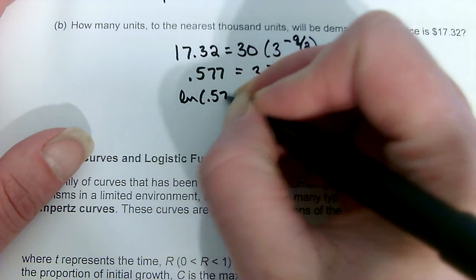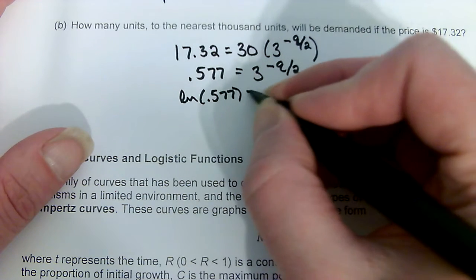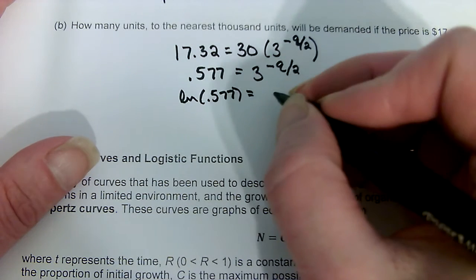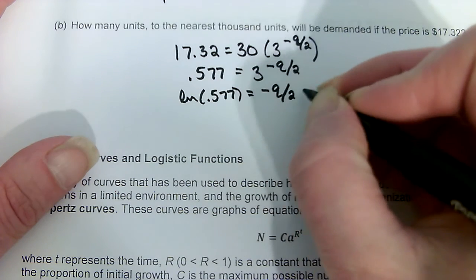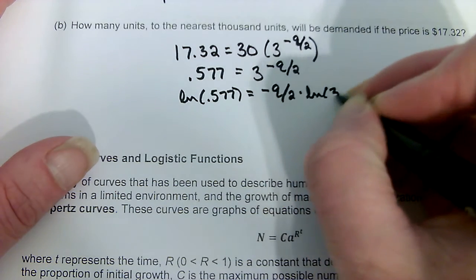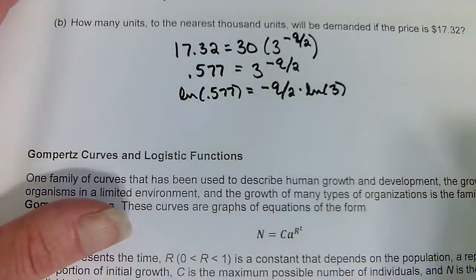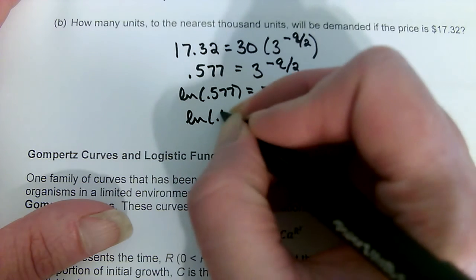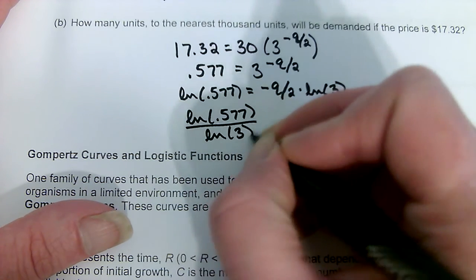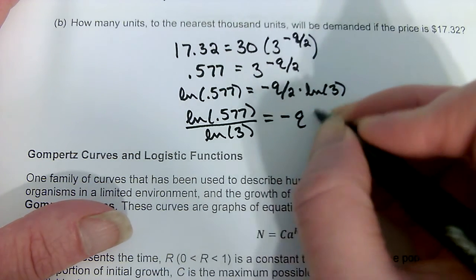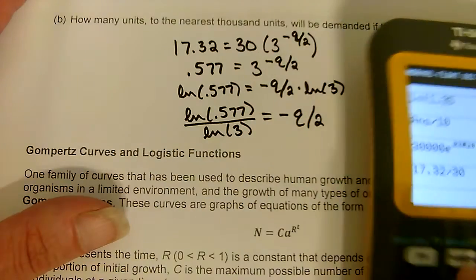Natural log of 0.577 is going to equal, well, we're going to end up with the exponent coming in front times the natural log of 3. So I'm going to take the natural log of 0.577 divided by the natural log of 3 equals negative Q divided by 2.